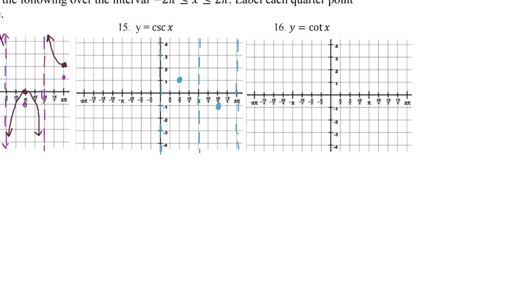And remember, these we do flip over. It's going to look something like this. And then here we're going to be squeezed in between our asymptotes. Do remember, you're getting as close to those asymptotes as possible, but you're not really equal to them. Let's see, at negative pi over 2, we're going to be at -1, negative pi, we have our asymptote.